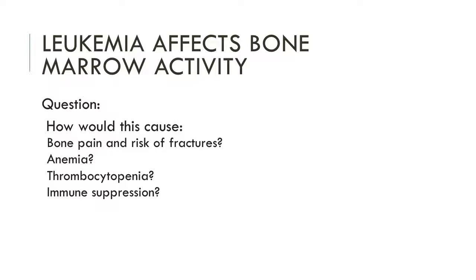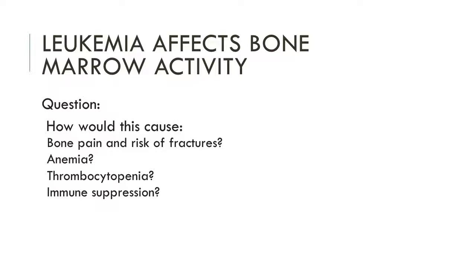Leukemia affects the bone marrow activity in general. And so then your question becomes, how would this cause bone pain and risk of fracture? Well, what happens in there is that the bone marrow expands. And because of the expansion, it makes the bone thinner and more easy to break.